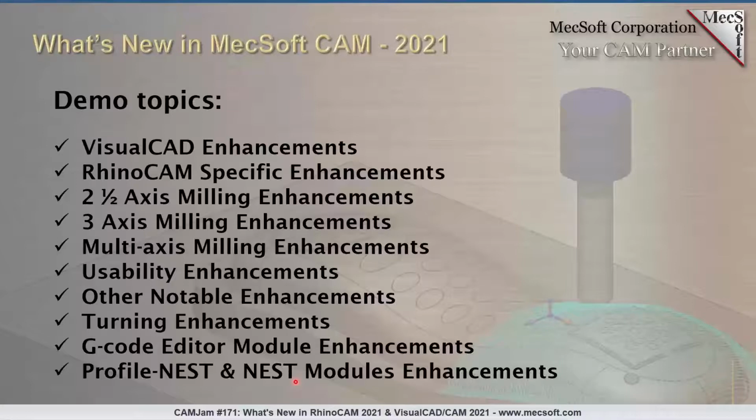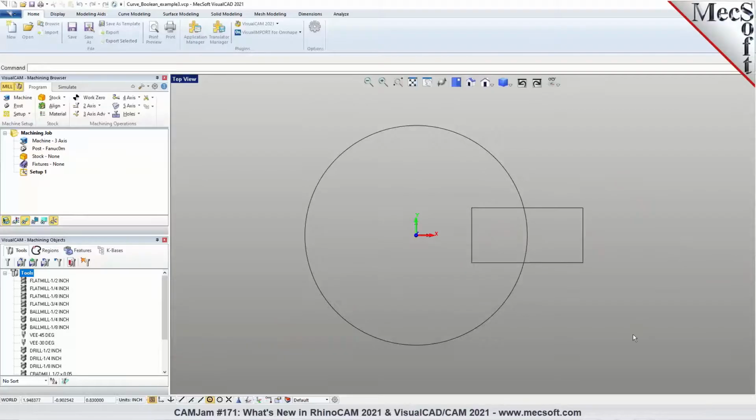So without any further delays here, I will be starting the actual product demonstration. The first thing I'm going to do is cover the enhancements in VisualCAD/CAM. I currently have a drawing open in VisualCAD/CAM 2021.